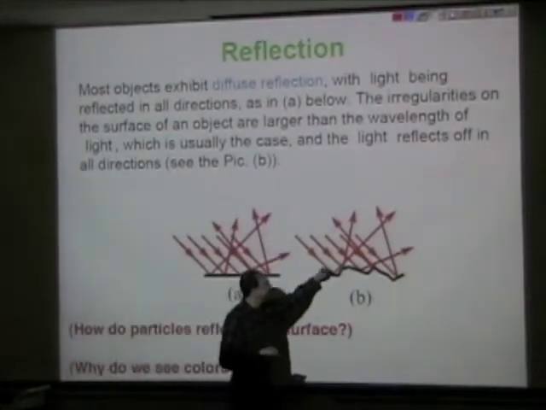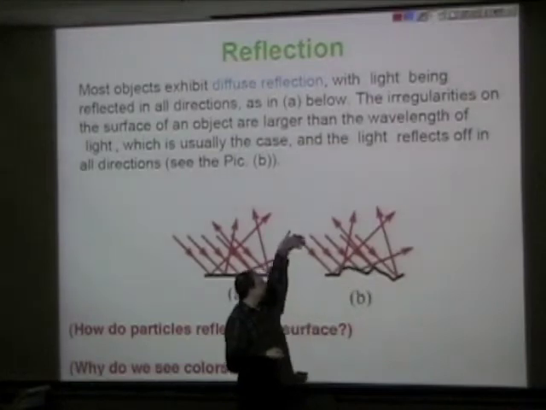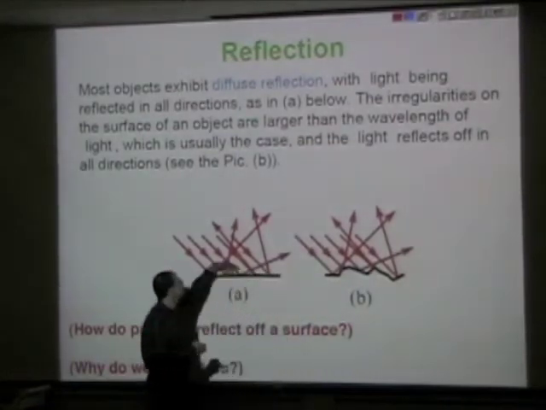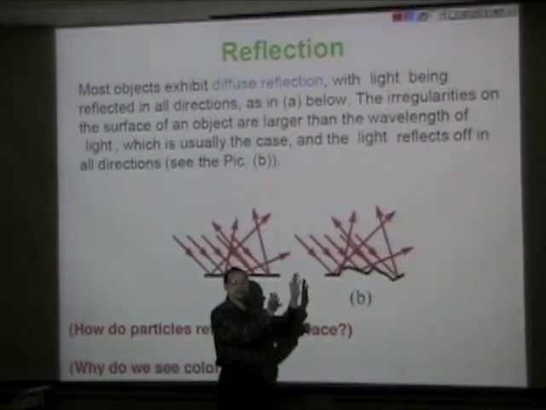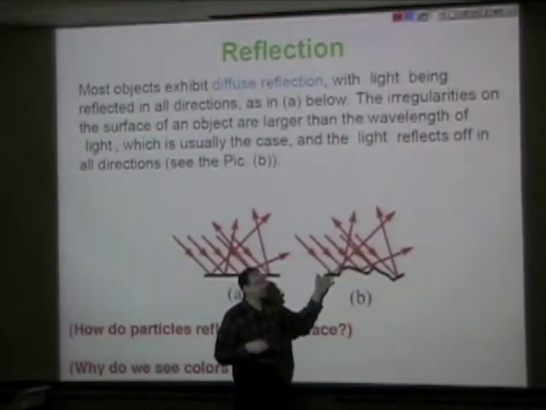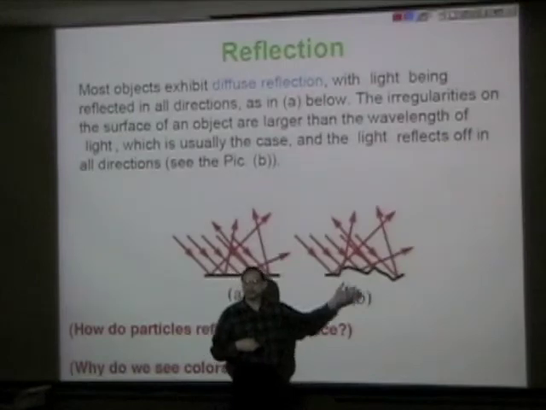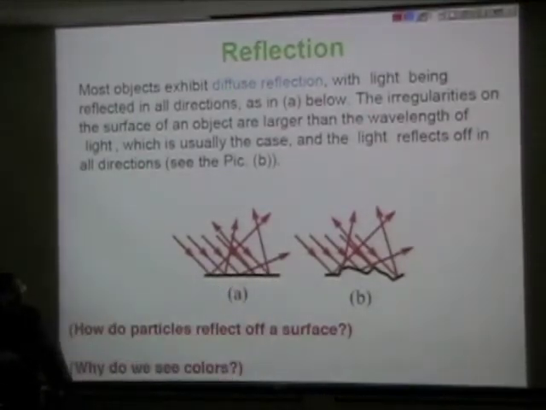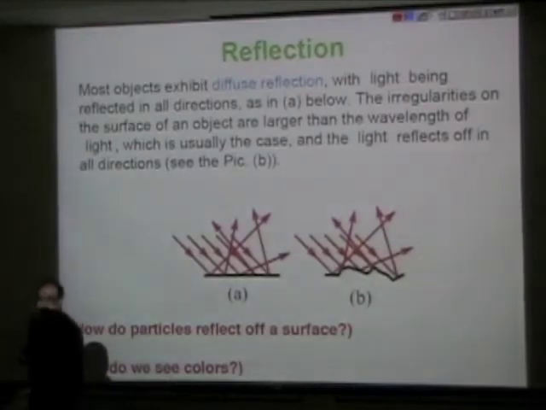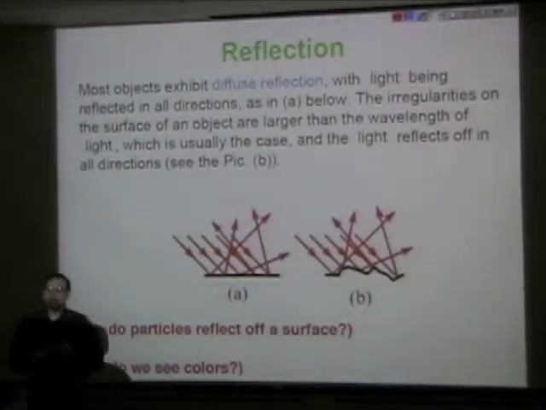However, if we have a bumpy surface like that, rays which are initially parallel to each other are not parallel anymore after they encounter the surface. We call it a diffuse reflection.